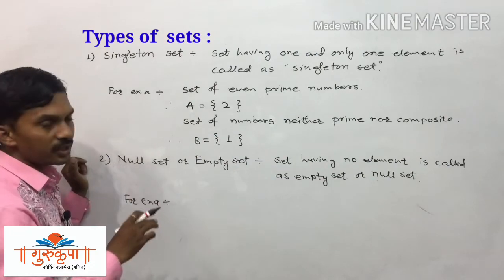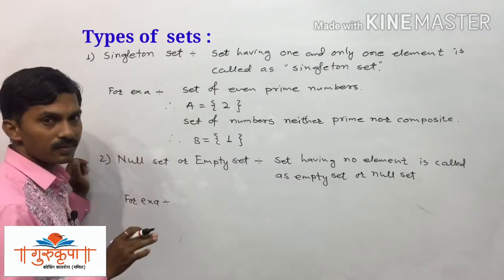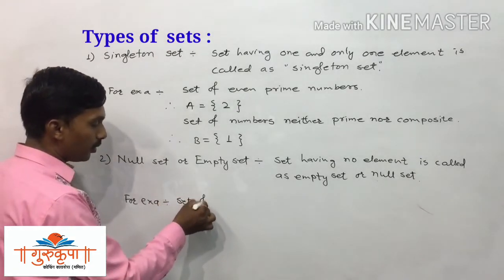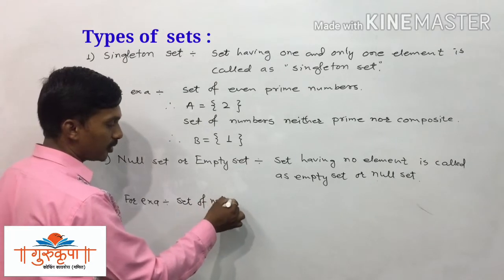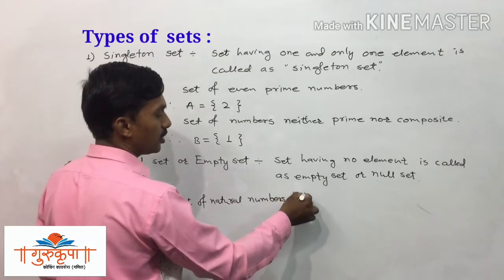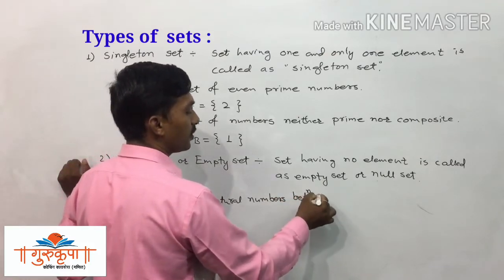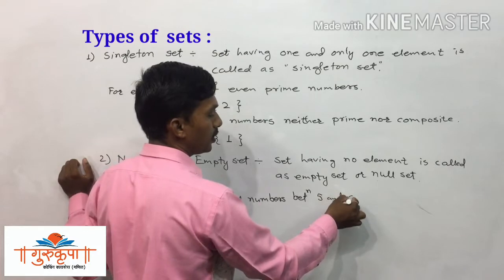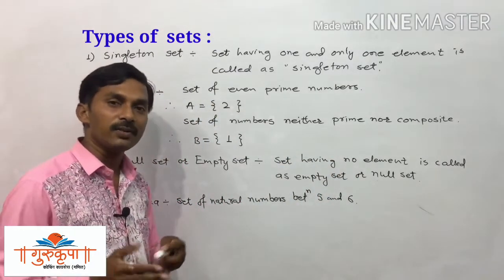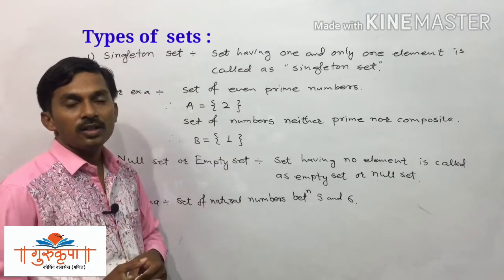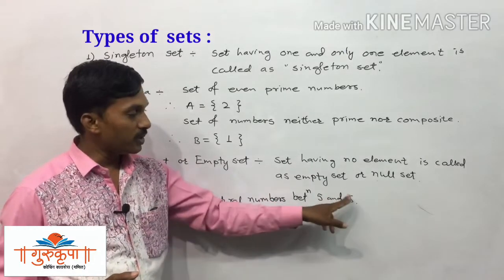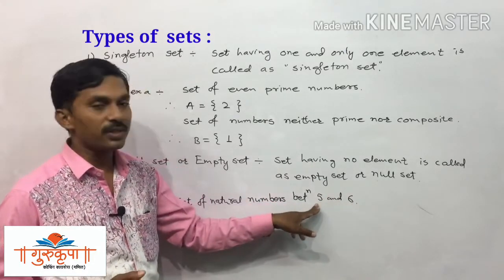So how can you write the set? You can write so many examples. Let's see the first example here: the set of natural numbers between 5 and 6. All of you know that there is no natural number between 5 and 6, because after 5, 6 is there, and before 6, 5 is there.